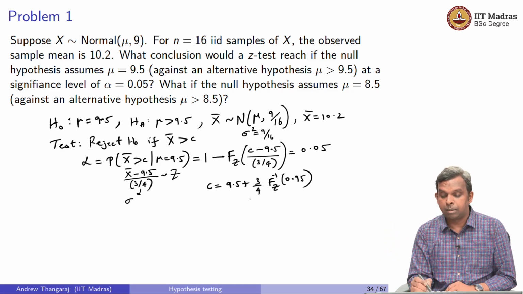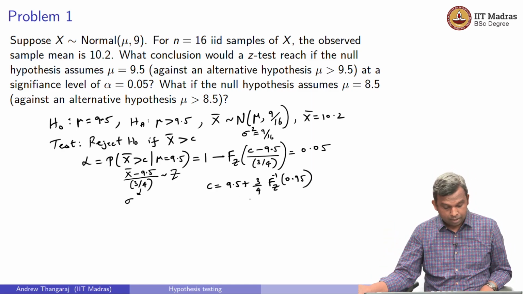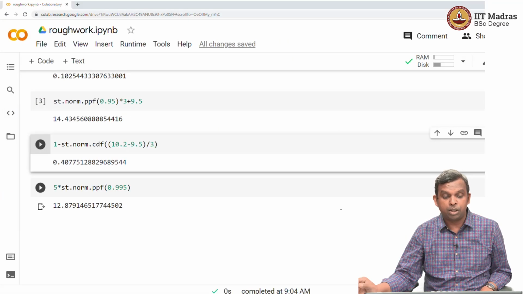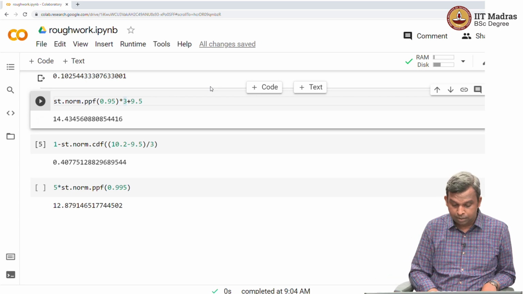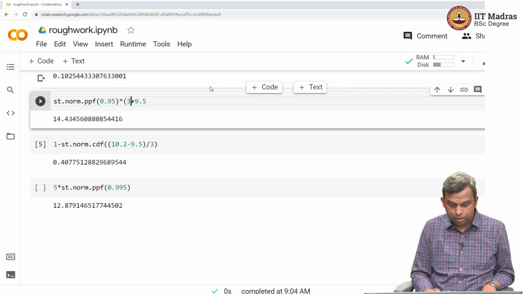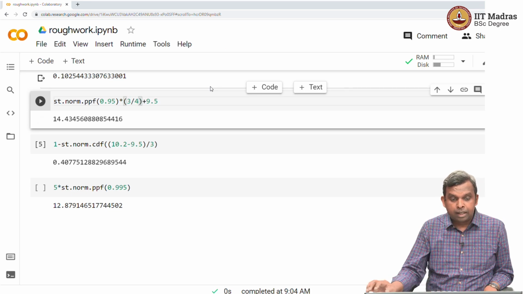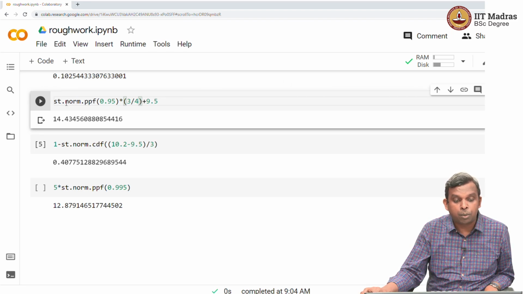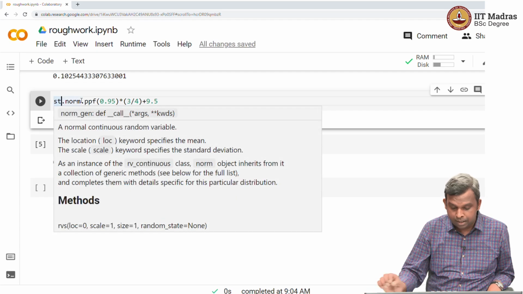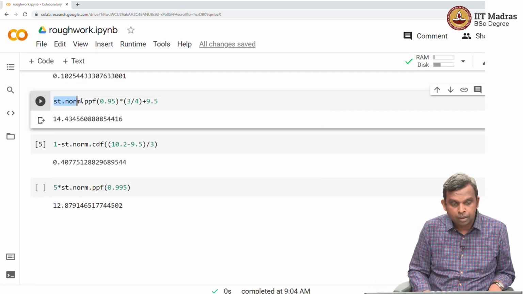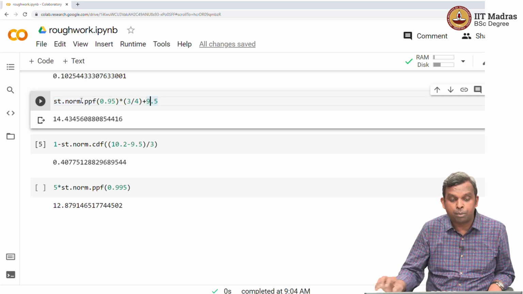Now it's a simple question of computing this. I normally use this Colab rough work notebook. It is st.norm.ppf, which is your FC inverse function. I'm multiplying it by 3 by 4 and adding 9.5.